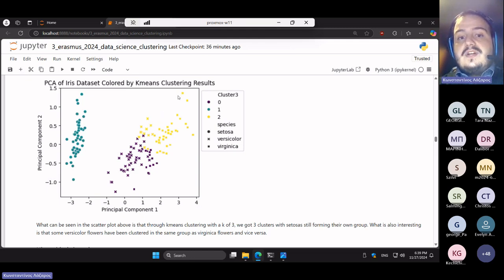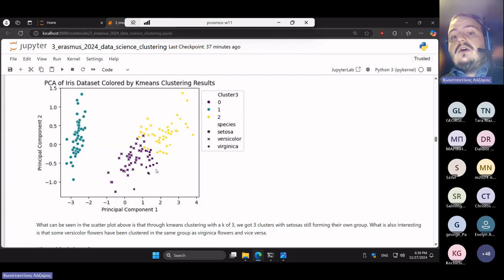which means that although there are certain distinct samples, for example, these ones that are up there that belong to cluster 2, they are actually considered to be, according to k-means, of course, different compared to the virginica flowers that are down here.